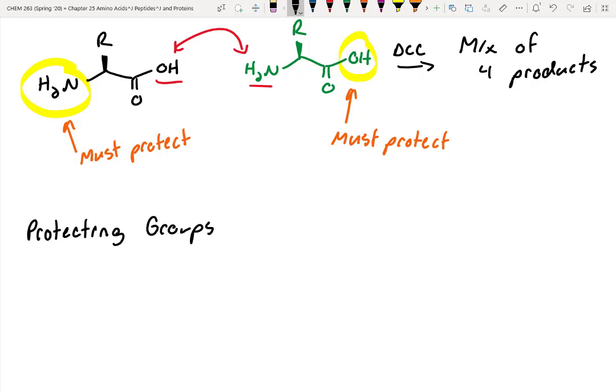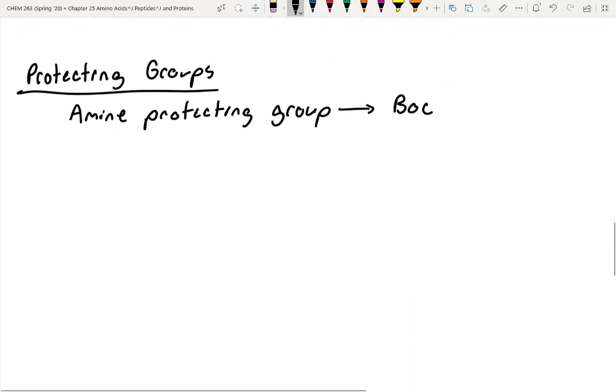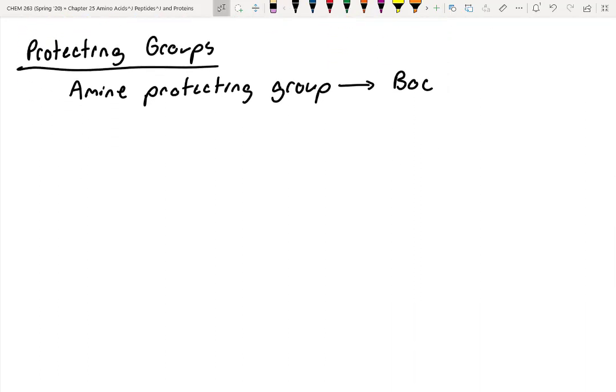And the most common one for amines is called BOC. And it's just abbreviated as BOC. And what this stands for is tert-butoxy carbonyl.